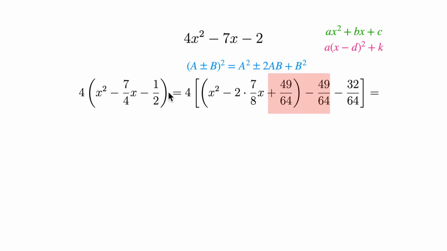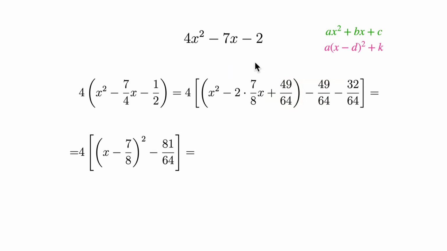And in order to respect my equality sign, I have to subtract it back, so that I have performed the zero operation. And at the end, I have to subtract 1/2. And 1/2 is the same as 32 by 64. You see why I need 64, because I will pretty soon add these two fractions to each other, and you know that in order to add two fractions, I need the common denominator, and it will be 64.